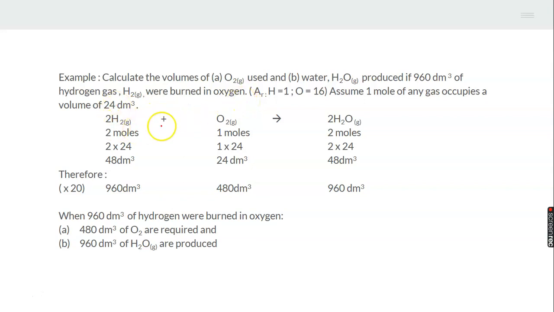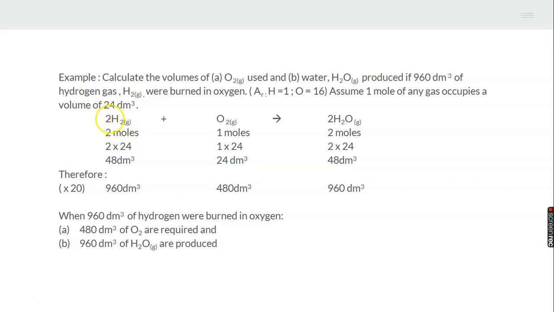So you have to assume 1 mole of any gas occupies a volume of 24 dm cube. Don't forget, that's the constant used at room temperature and pressure, RTP, that we did in the last class.